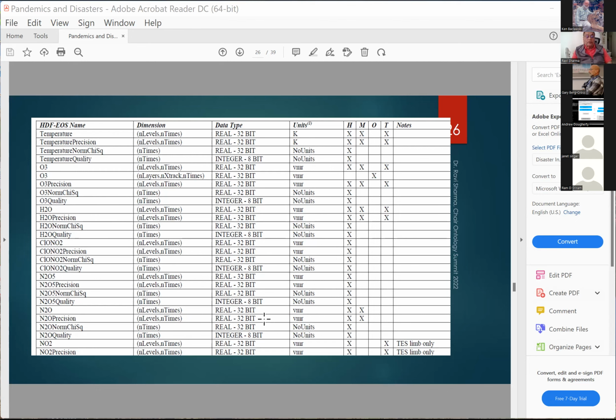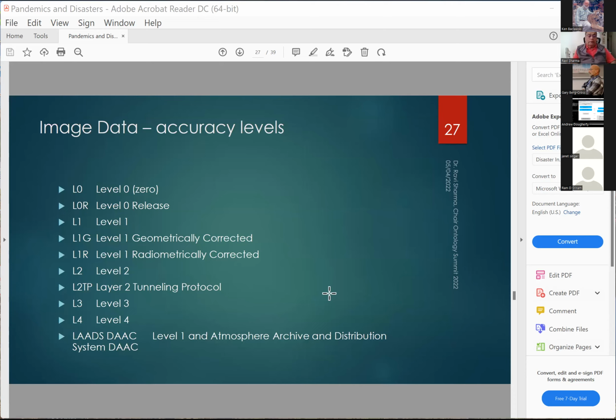So this gives you an idea of how rich the metadata definitions are in the HDF-EOS format.